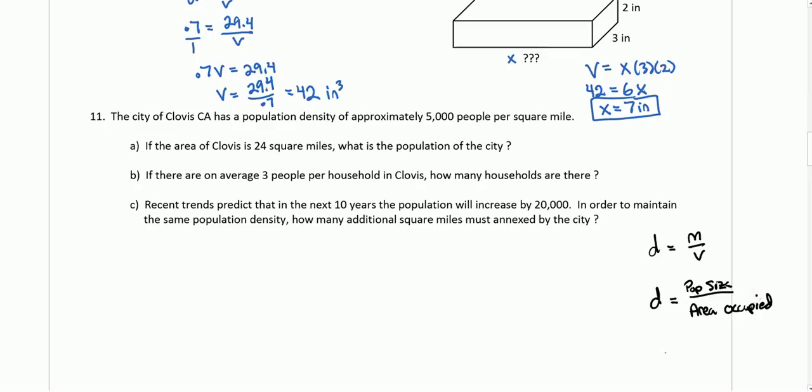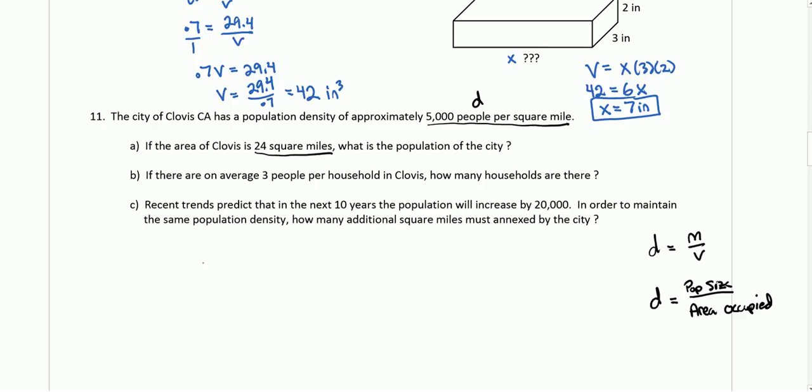Okay, and so that's what we're going to use here. So when it tells us 5,000 people per square mile, right there, that's density. Okay. So if the area of Clovis is 24 square miles, what's the population?